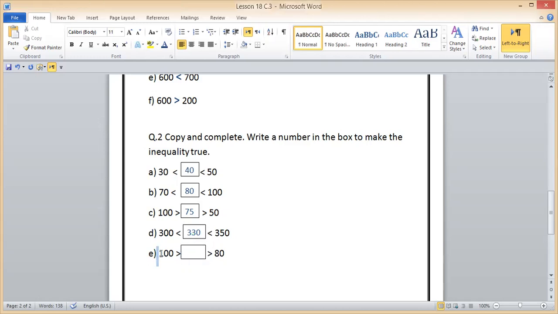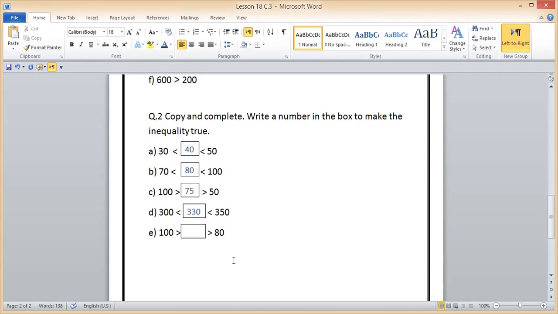In E, guys, you have to check the number which is less than 100. This number should be less than 100 and greater than 80. So the number should be between 80 and 100. That means it could be 81, 82, 83, 84, 85, up to 99.